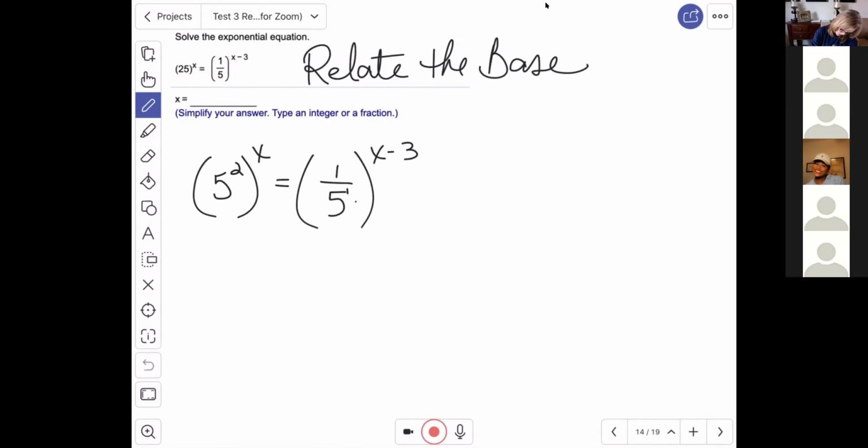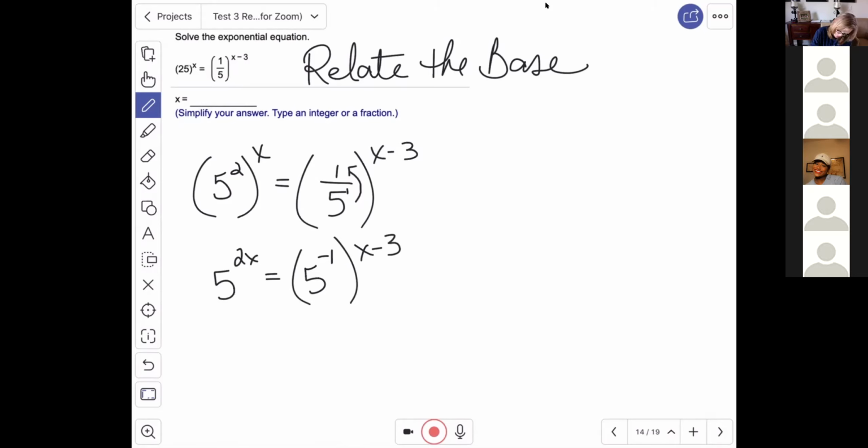So remember, you can bring that 5 to the top by making it 5 to the -1. So it's now 5 to the -1 instead of 1/5. Just change the sign. But we do have both 5s, which is what we want.